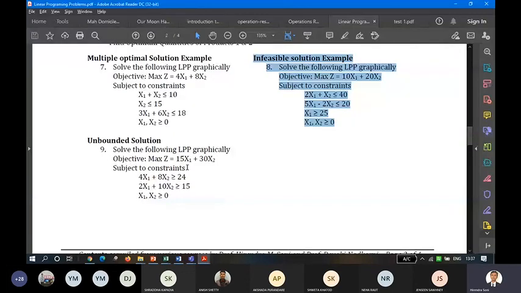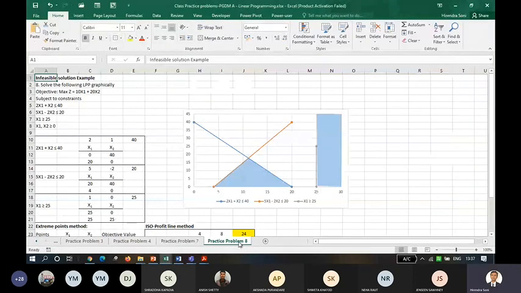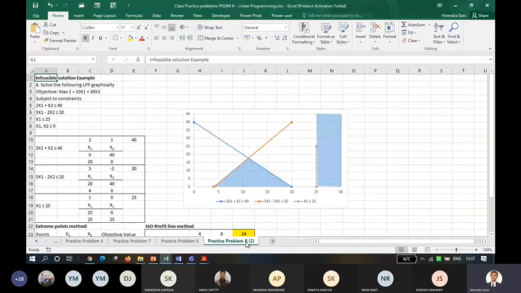There is one more, that is the unbounded solution. In unbounded, we are talking about maximization. Let us do this quickly too. So I have pasted this here.